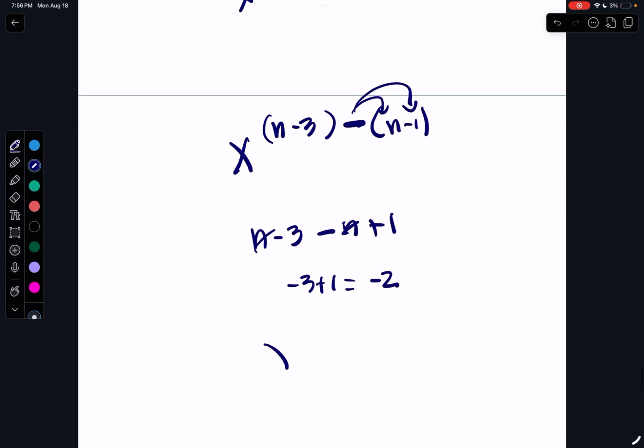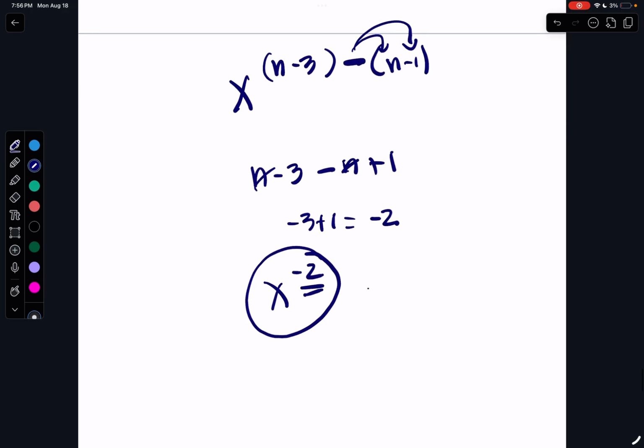So x raised to negative 2. But this one has a negative exponent, so it should become 1 over x squared.